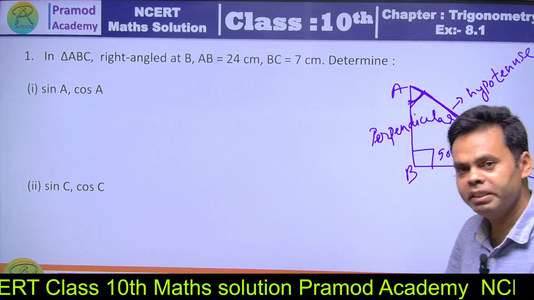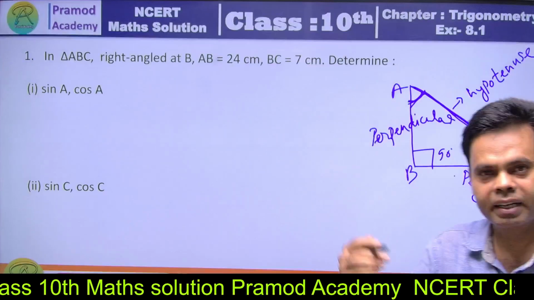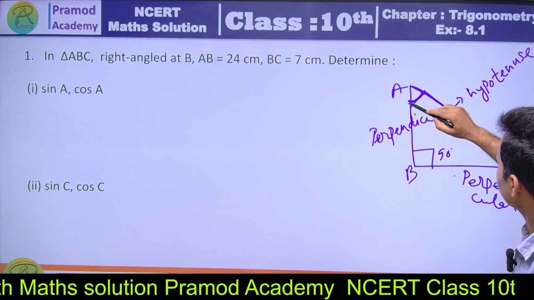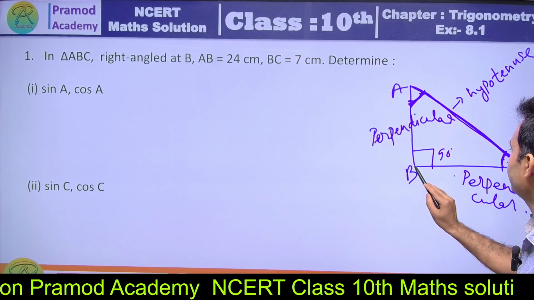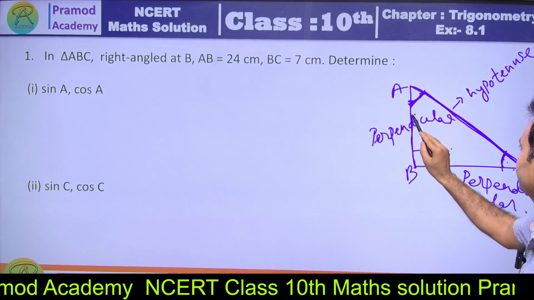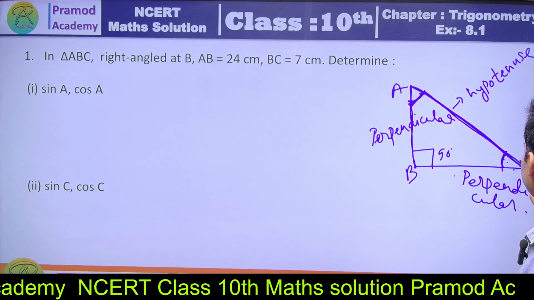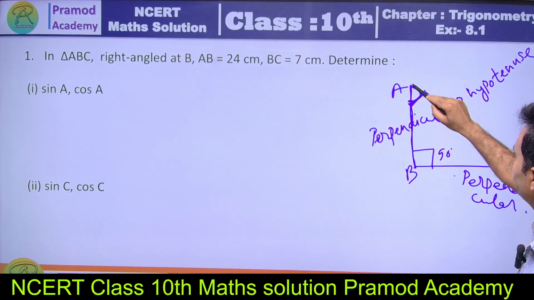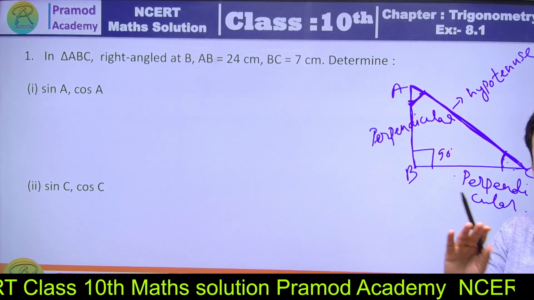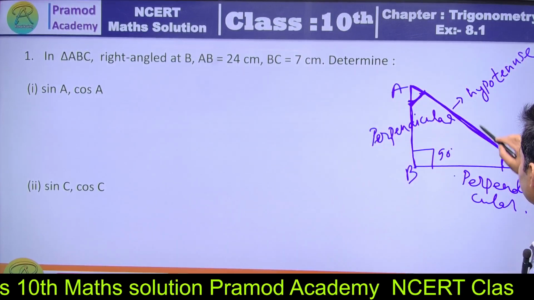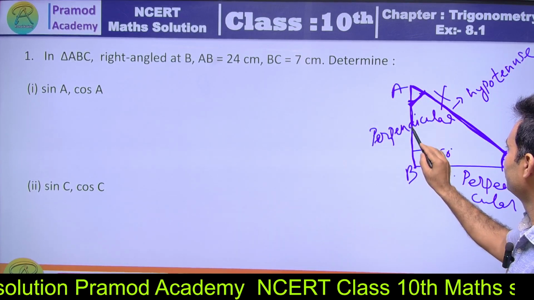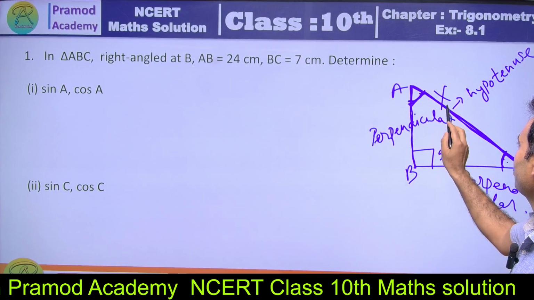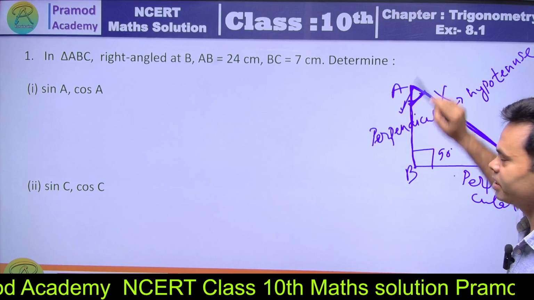And the base is always connected with that angle. Suppose I talk about the base for this angle: there is one side connected with A, and another side AC is also connected with A. But the longest side can never be the base, so this will never be the base. The other side, which is smaller than the longest side, is called the base.